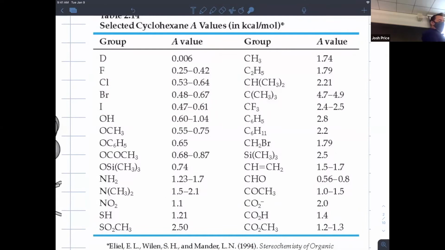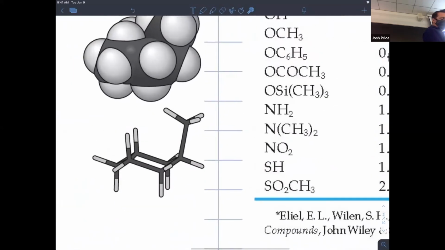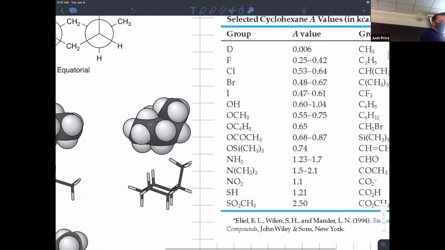and so it just matters less. Imagine the methyl group is held here, extend that out and put chlorine there, and you should see that the chlorine doesn't bump into those other axial protons or substituents quite as much. So A values should be interpreted with caution.